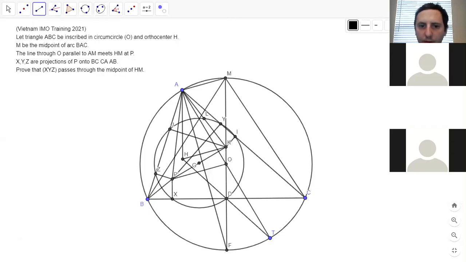AH over HK equals MK over HK, which is MO over OP. Wait, how do we know MK over HK is MO over OP? Oh, if we define it the original way, okay.